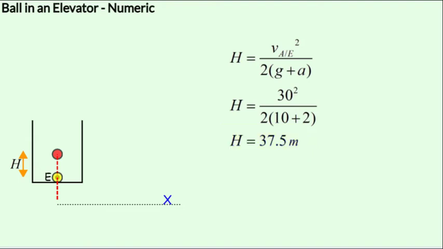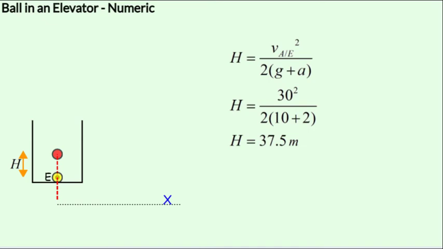And always remember that in this condition of maximum displacement from the elevator floor, it does not necessarily mean that the red ball is in its highest position from the ground frame of reference. The red ball could move higher than this, but the yellow ball starts traveling faster than the red ball beyond this point and reduces the distance between them.